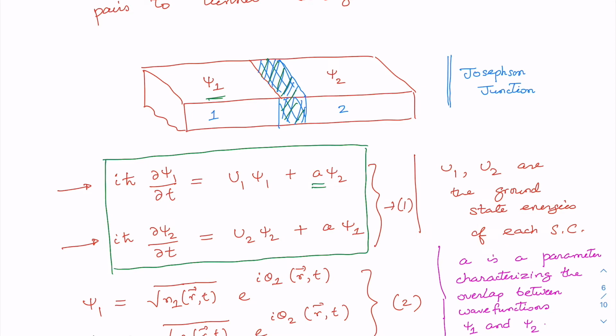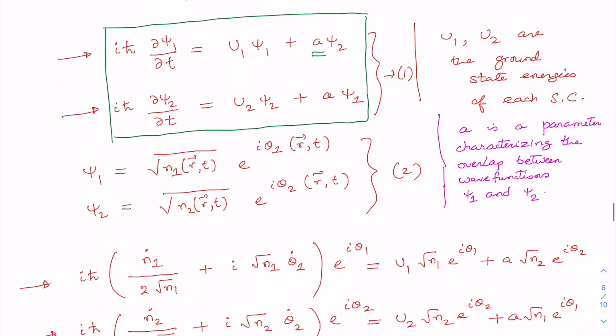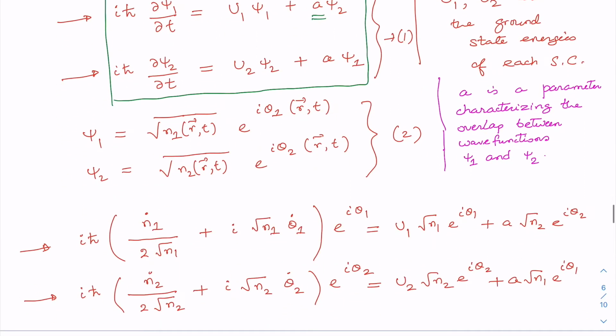Then, using the Ginzburg-Landau wave function, psi 1 is equal to square root of n1 e to the power i theta 1. N1 is the local density of super electrons in superconductor 1, N2 is the local density of super electrons in superconductor 2.